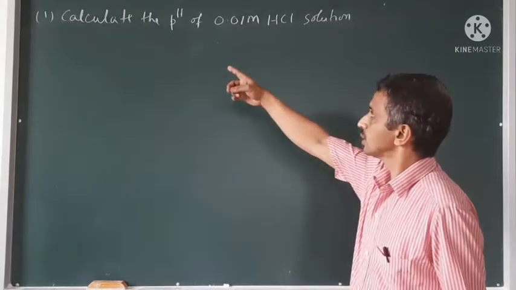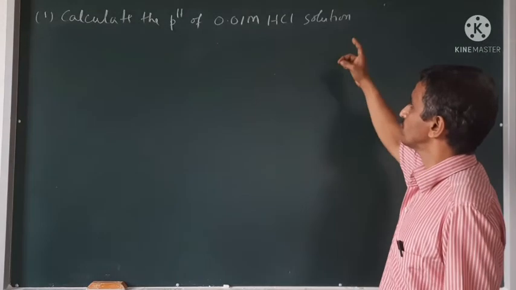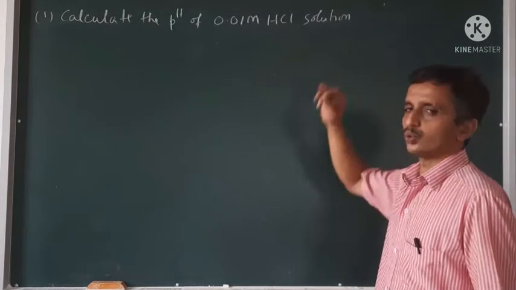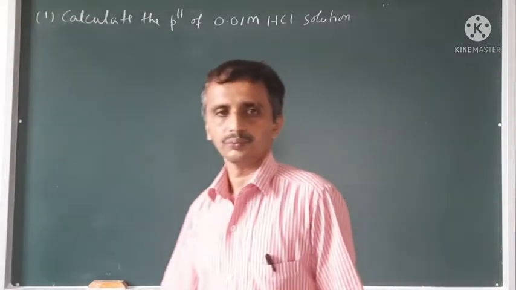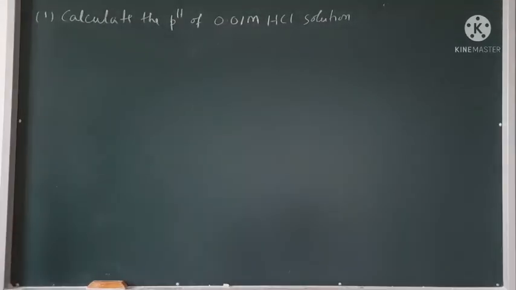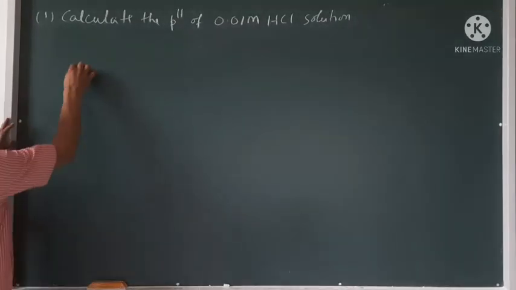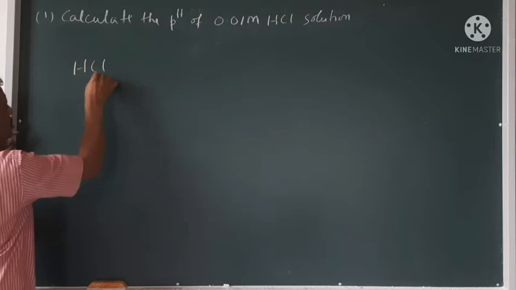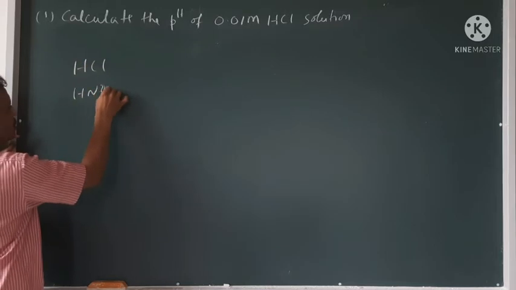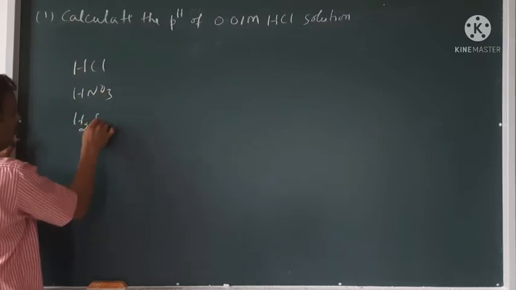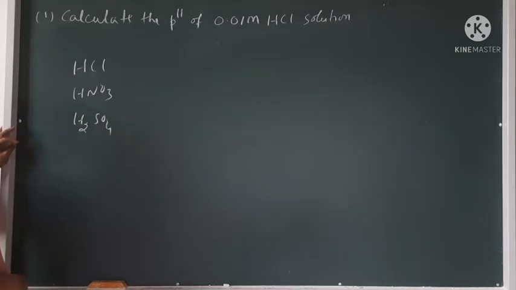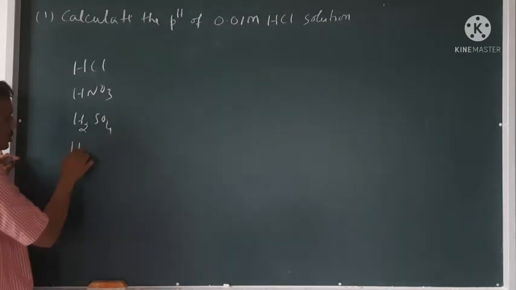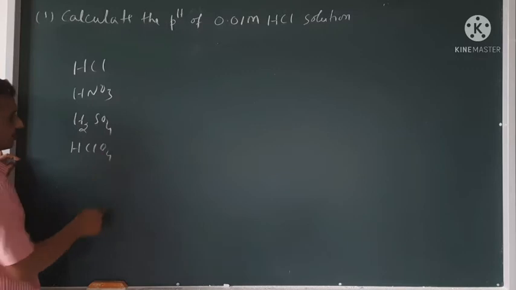So first question, calculate the pH of 0.01 HCl solution. Say HCl, HNO3, H2SO4, HClO4.